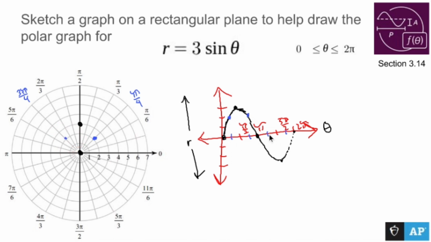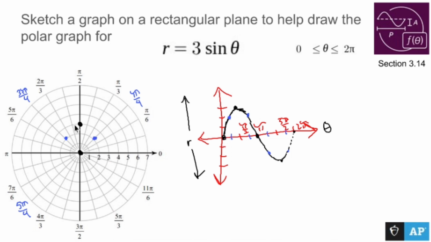At 5 pi over 4, I'm at like the -2-ish range, which means I'd go here, but in the opposite direction, which means that dot just repeats itself. At 7 pi over 4, which seems to be in the -2-ish range, the same exact thing happens. So I can see what's happening.